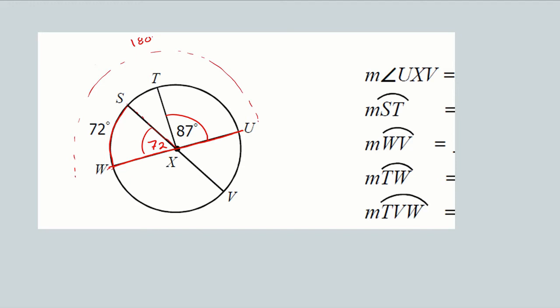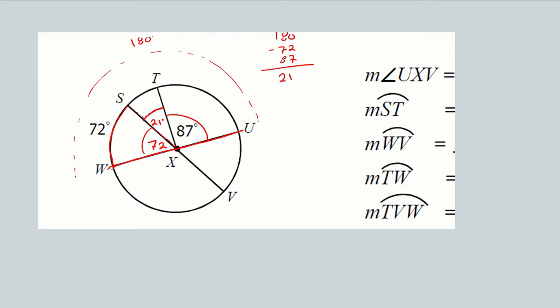And so if all of these three equal 180, and I know that one is 72 and this other one is 87, I simply do 180 minus 72 minus 87, and that's going to give me a measurement of 21 degrees for this particular angle here.